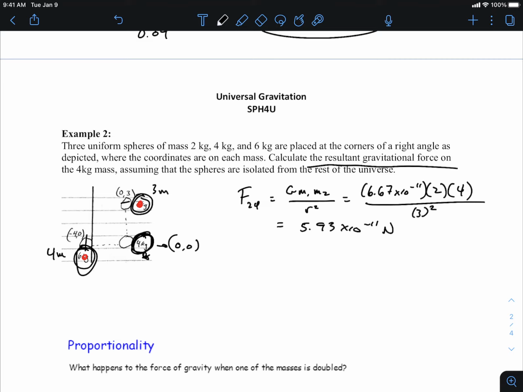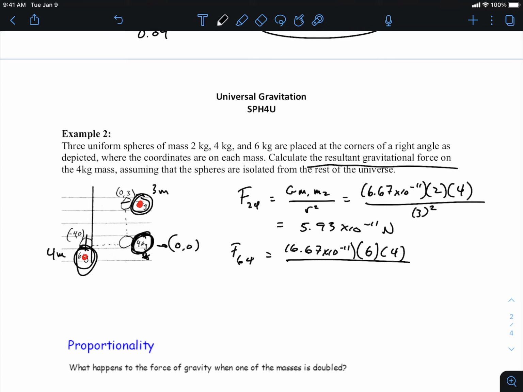So let's also take a look at the force that the 6 kilogram mass is exerting on the 4 kilogram mass, right? And you're just going to run through the same thing. You're going to go 6.67, don't forget the scientific notation, multiplied by the 6 times the 4, right? And what's the distance between those two masses?